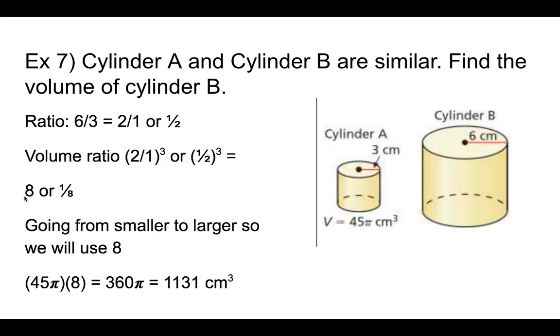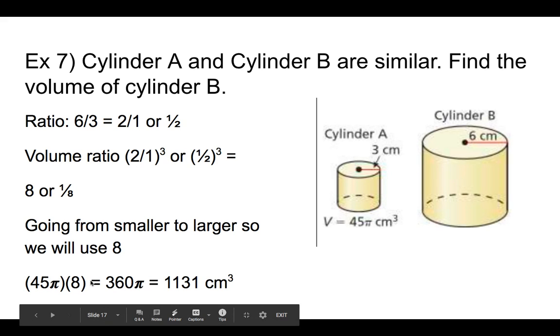So either 8 or 1/8 is going to be my volume ratio. Since I'm going from the smaller to the larger, enlarging my image, I'm going to use 8. So 45 pi times 8 is equal to 360 pi, which is approximately 1,131 centimeters cubed.